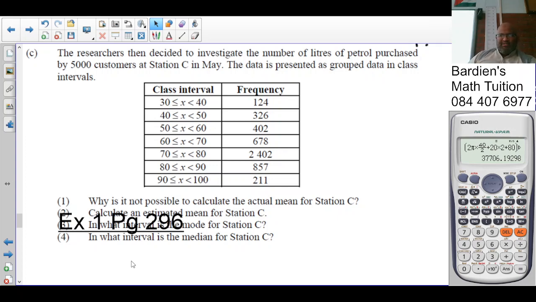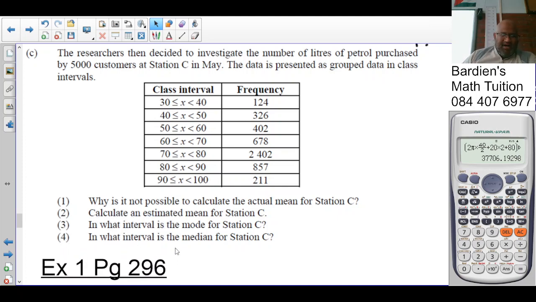The data is represented as grouped data in class intervals. Why is it not possible to calculate the actual mean for station C? The exact values are not known. We are given class intervals.